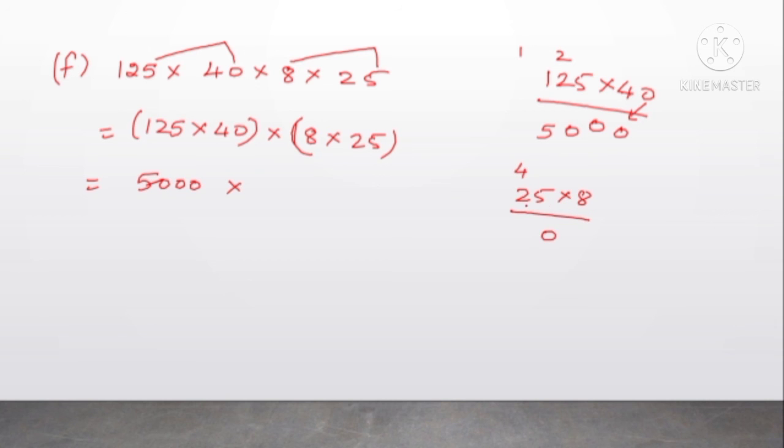Balance 4. 8 2s are 16. 16 plus 4 20. 200. So this is equal to, now 5 2s are 10. How many zeros? 1 2 3 4 5. So 1 tens 100, 1000, 10,000, lakh, 10 lakh. So the answer is 10 lakh.